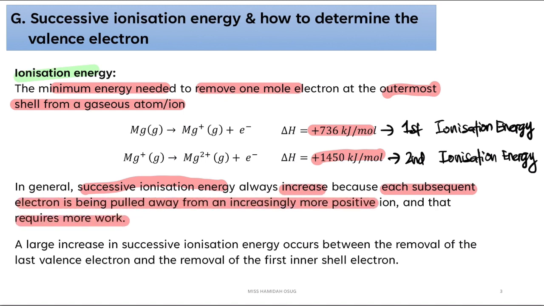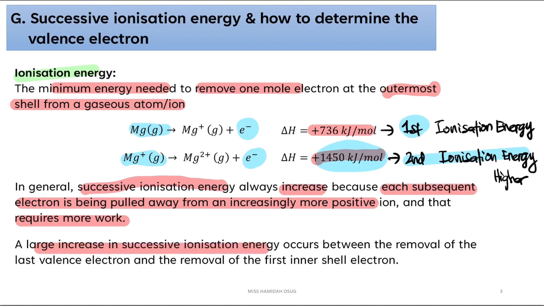As you can see, when an electron is being pulled away from the magnesium gaseous atom, the ionization energy is positive 736. When the second electron is being pulled away from the magnesium gaseous ion, the second ionization energy becomes 1450 kilojoules per mole, and we can see that it is successive, meaning the ionization energy value keeps increasing.